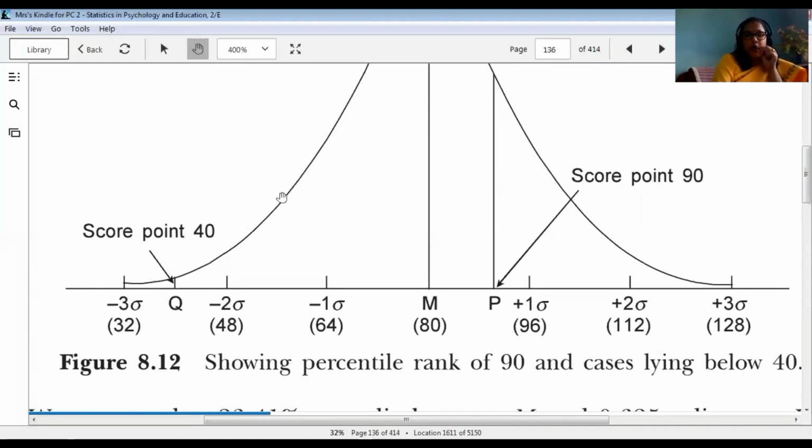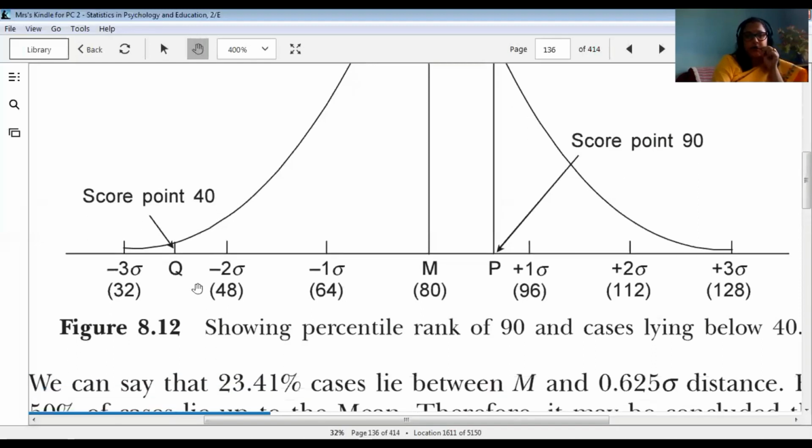Okay, so by subtracting 49.38% from 50%, we got the number of individuals or percentage of cases scoring below the score point 40. Okay, so this is application number 4. This was the example number 2, which I discussed for application number 4. I hope you are getting my point clear.